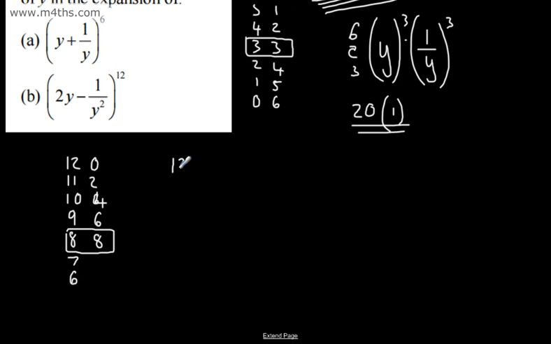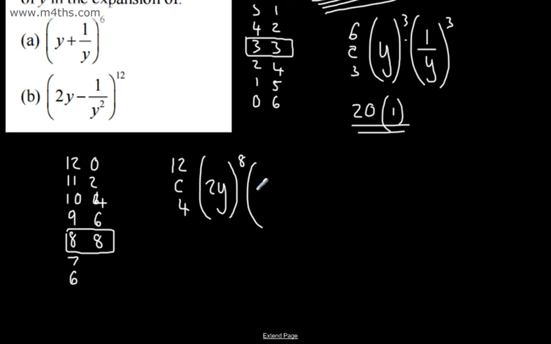So I'm going to write out that this will be 12c4. Reason being, if we want the 8th power, as we saw in the last one, we need now the 5th term or the 4th power. We need to be careful here, and what we'll have is now the 2y, which we need to take to the power of 8.